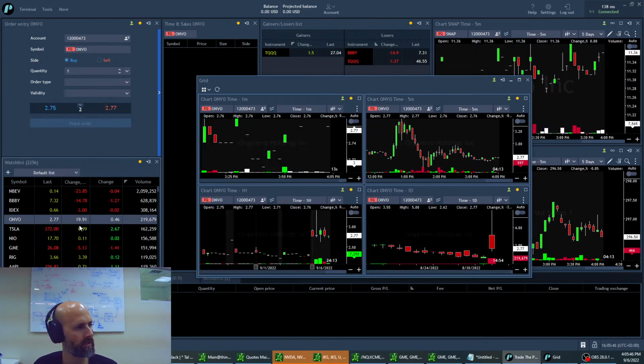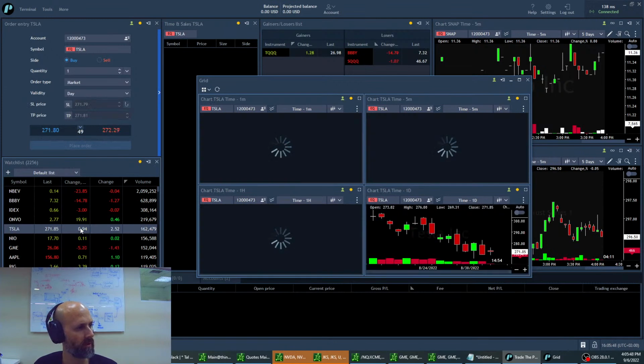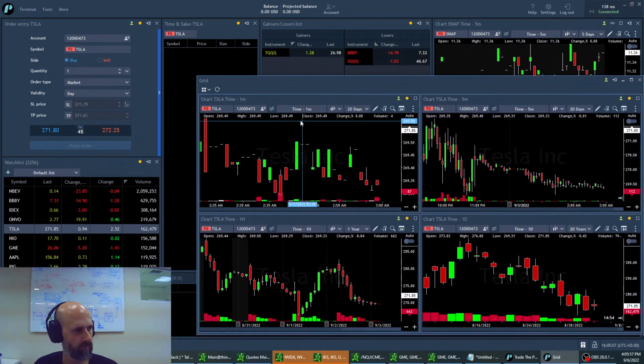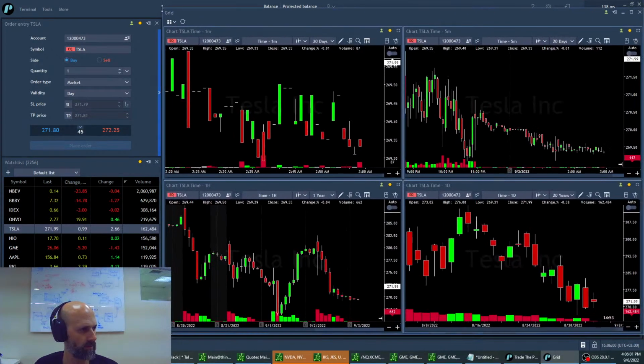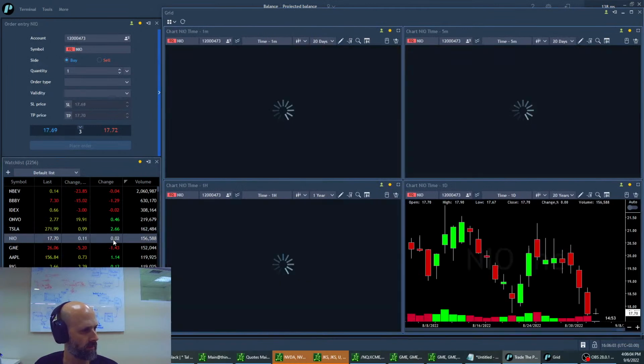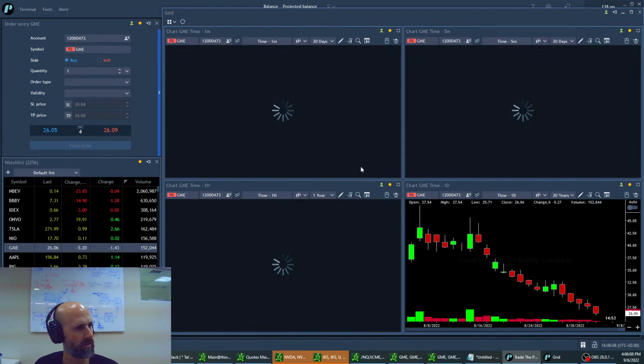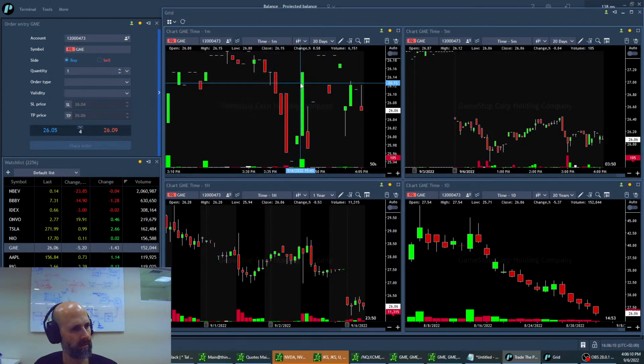This is also a very nice way to easily scan, as I'm showing you right now. So for example, you take the grid and then you go here to the watch list and just go through those stocks until you find the right one.